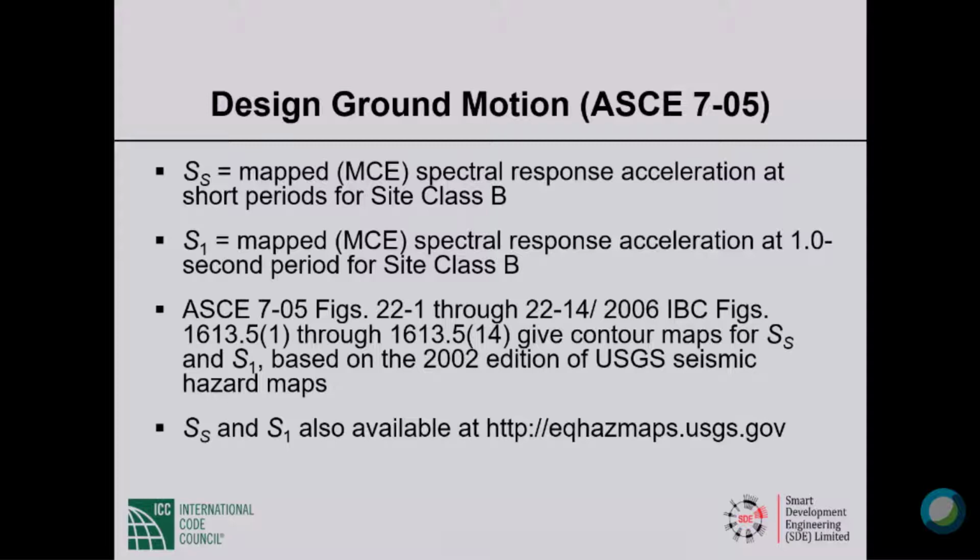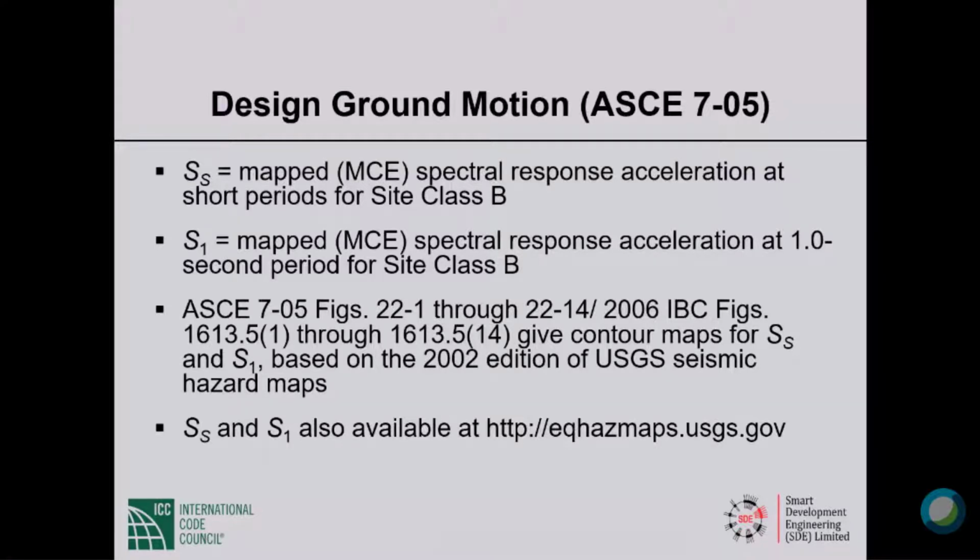Now, the all important quantities S sub DS and S sub D1, which would define the design spectrum of ASCE 7-05, are not given directly any place in ASCE 7-05 or IBC or anywhere else.